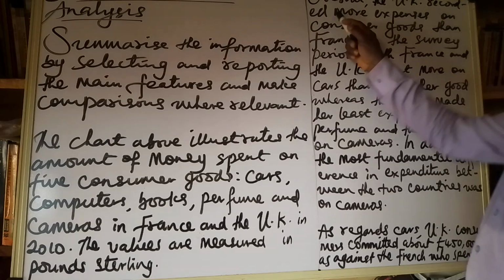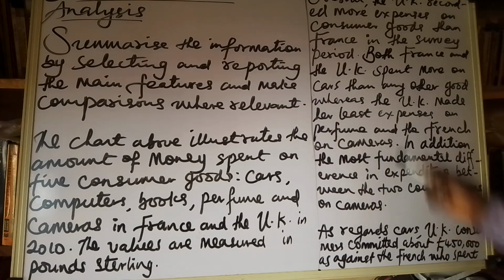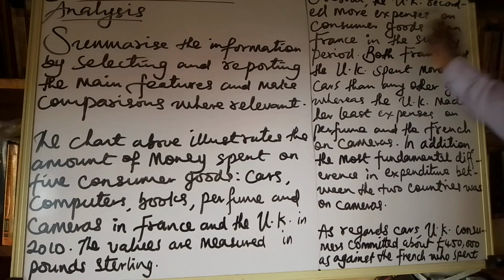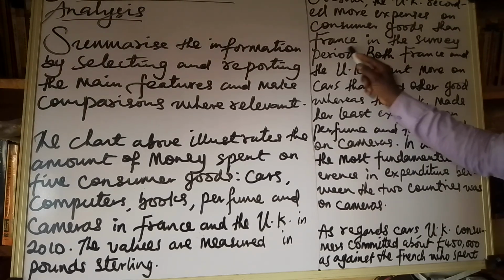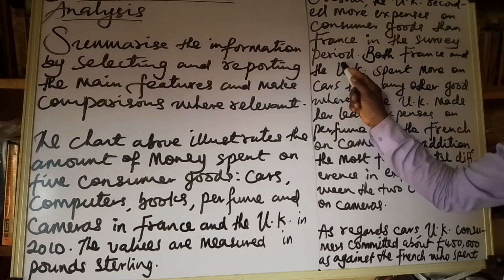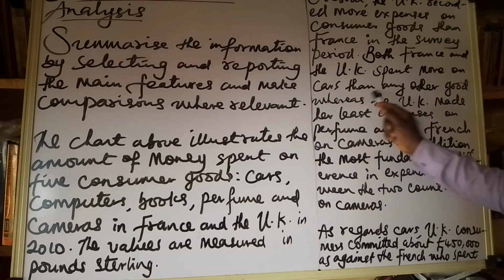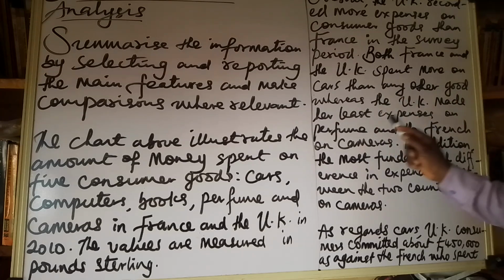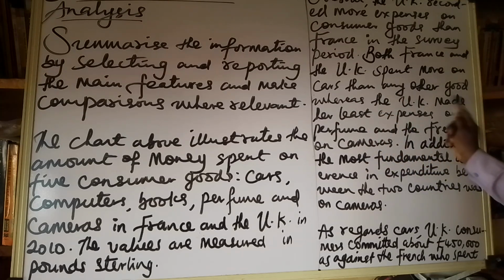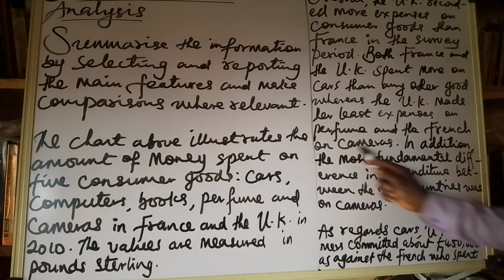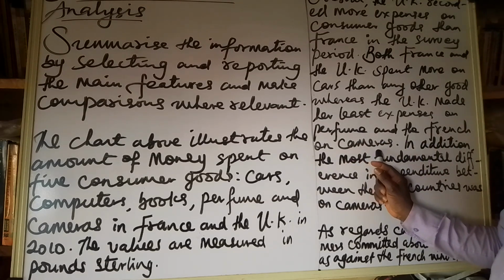In this example, this is the second paragraph, the overall. It says, overall, the UK recorded more expenses on consumer goods than France in the survey period. Both France and the UK spent more on cars than any other good, whereas the UK made her least expenses on perfume and the French on cameras.